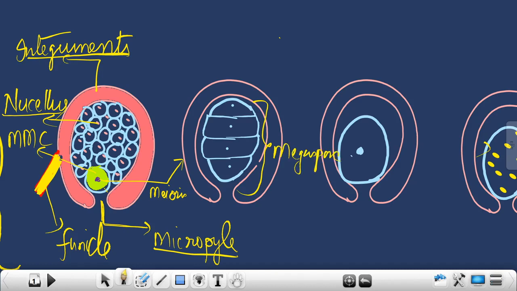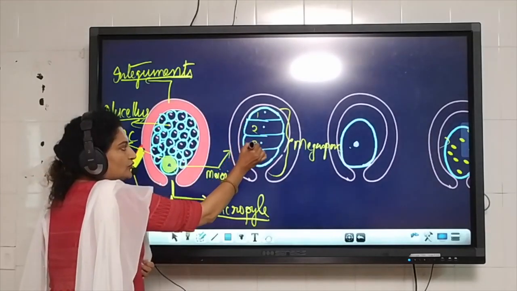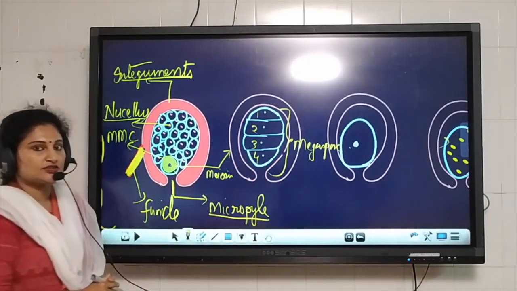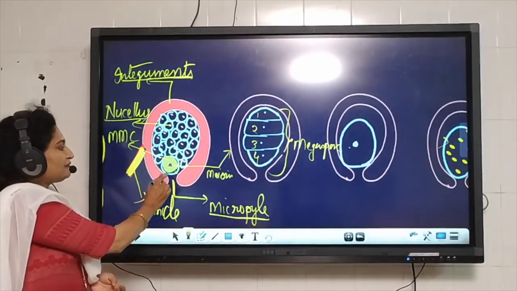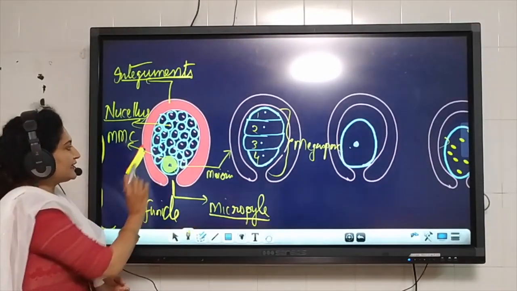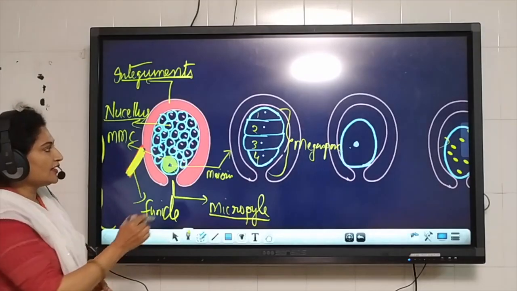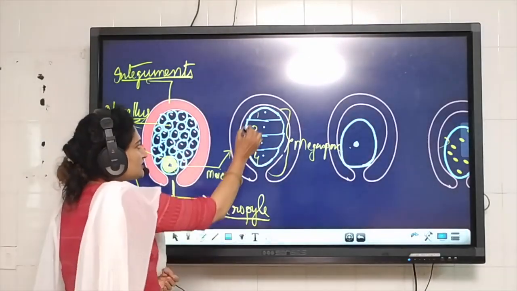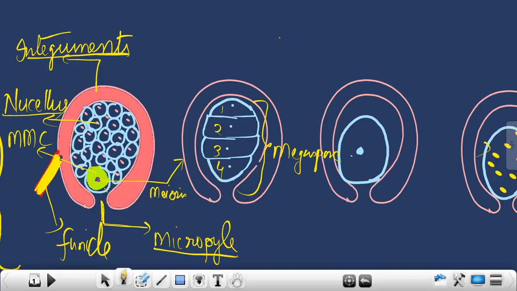So your next diagram shows the 4 megaspores, 1, 2, 3 and 4. 4 megaspores that have developed from the megaspore mother cell. Now of these 4 megaspores, the first 3 degenerate. So I am just striking off the first 3, 1, 2 and 3.